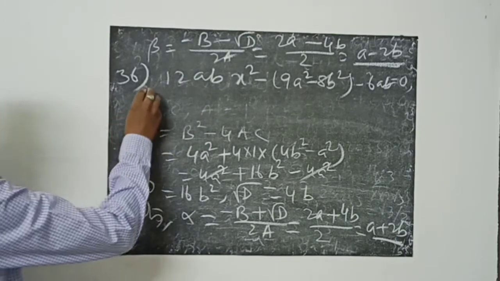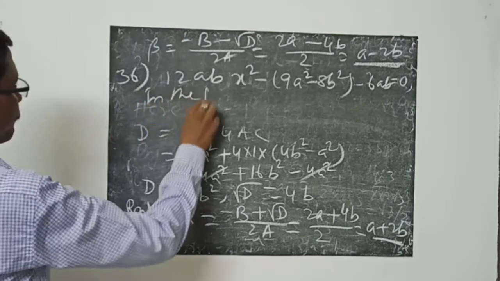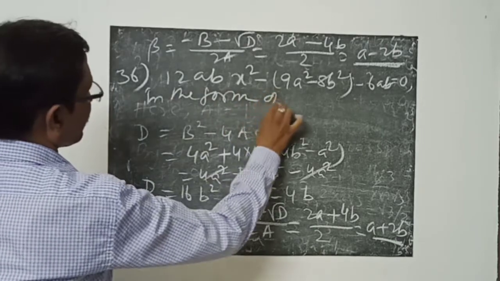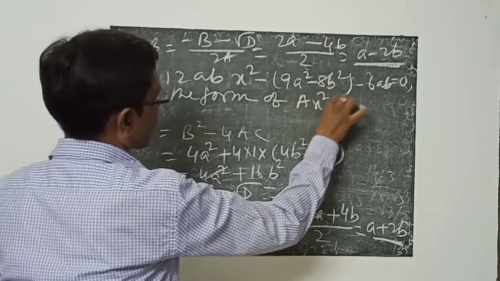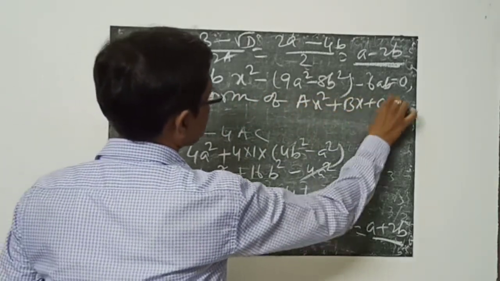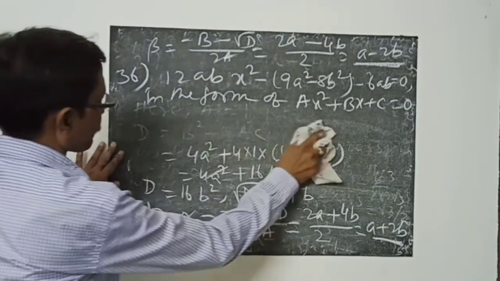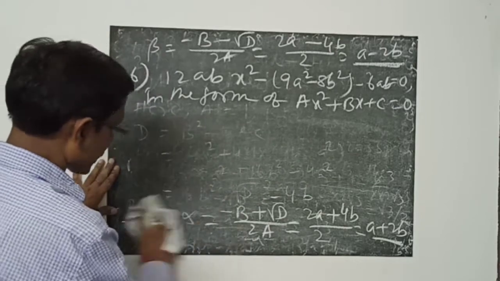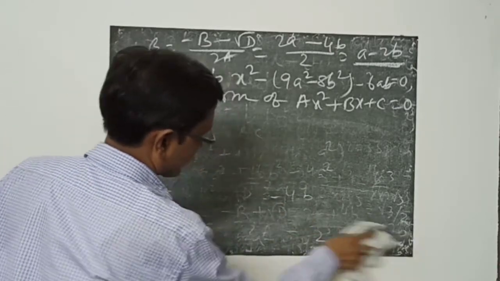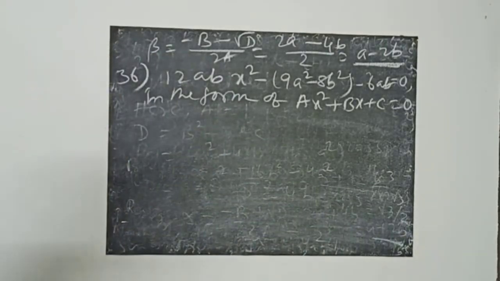It is also in the form of the same thing, ax square plus bx plus c equal to 0. Check what a, b, c are first.